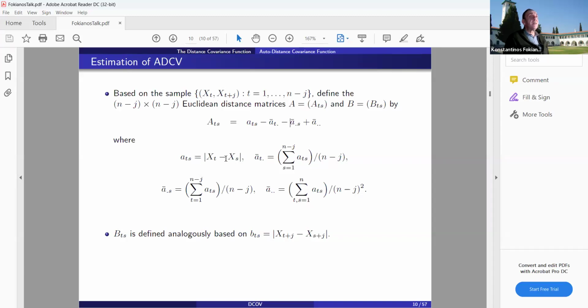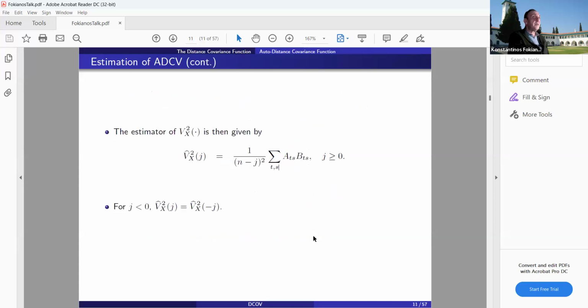So this has two indices, and you center with respect to s, you center with respect to t, and then you center all together. You take the grand mean. So you center this a_ts in this way to get the capital A_ts, and then you can define b_ts, capital B_ts, in terms of xt plus j.